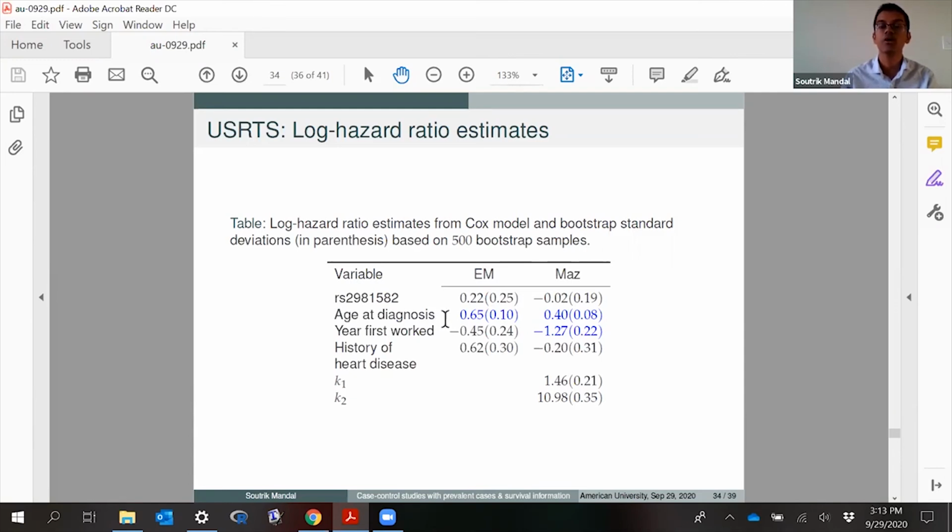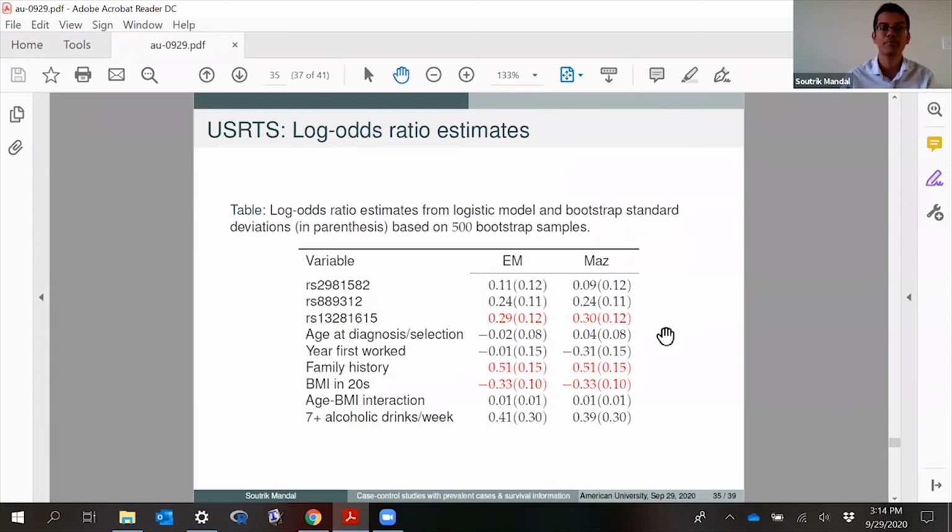So age at diagnosis was found to be significant by both methods. However, year first work was found to be significant only by the Mazier's method. Okay, now these are the step 1 estimates. These are not our primary interest. Our primary interest is in the log odds ratio, the beta estimates, right?